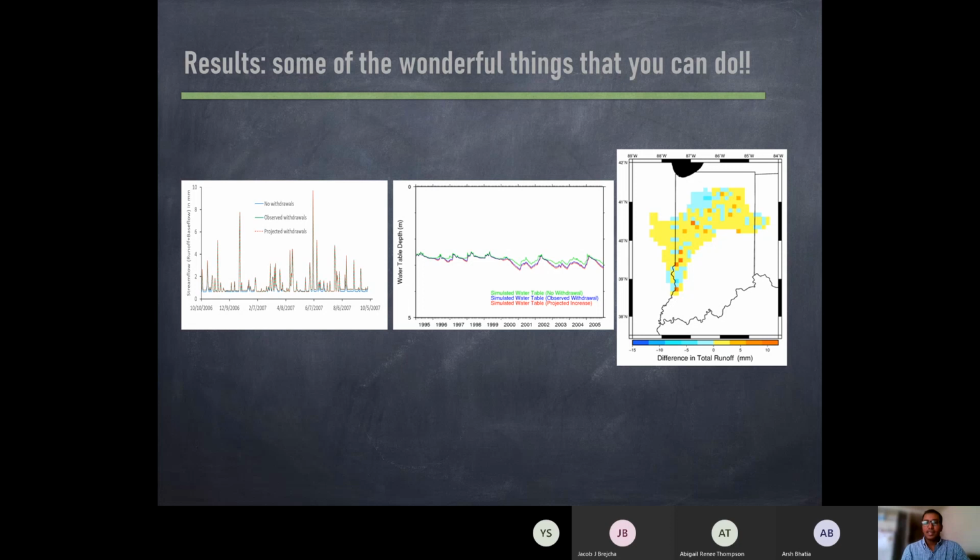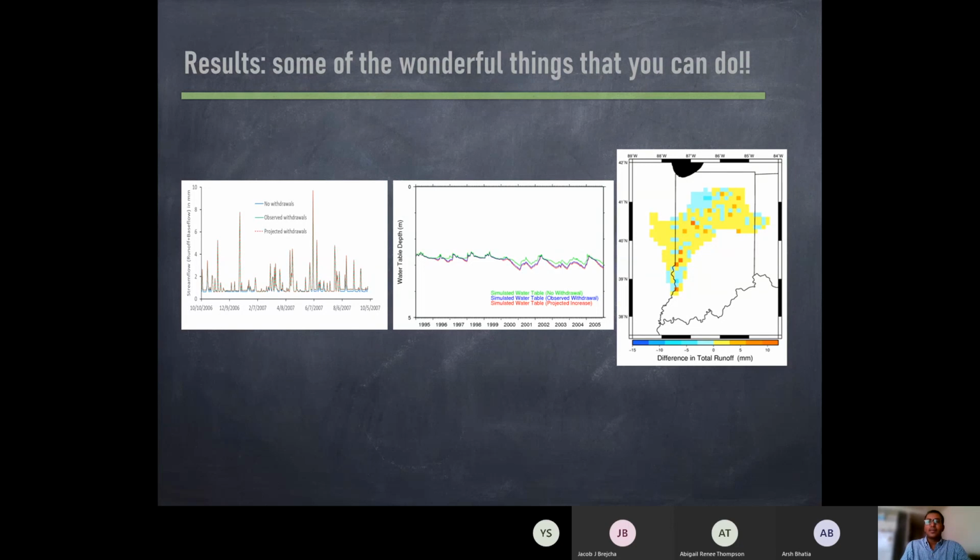Then on the right-hand side, I'm showing the difference between projected withdrawals and observed withdrawals, and that's the impact on the total runoff. You can see there are differences, as much as 10 millimeters. This is given in terms of thickness of runoff.